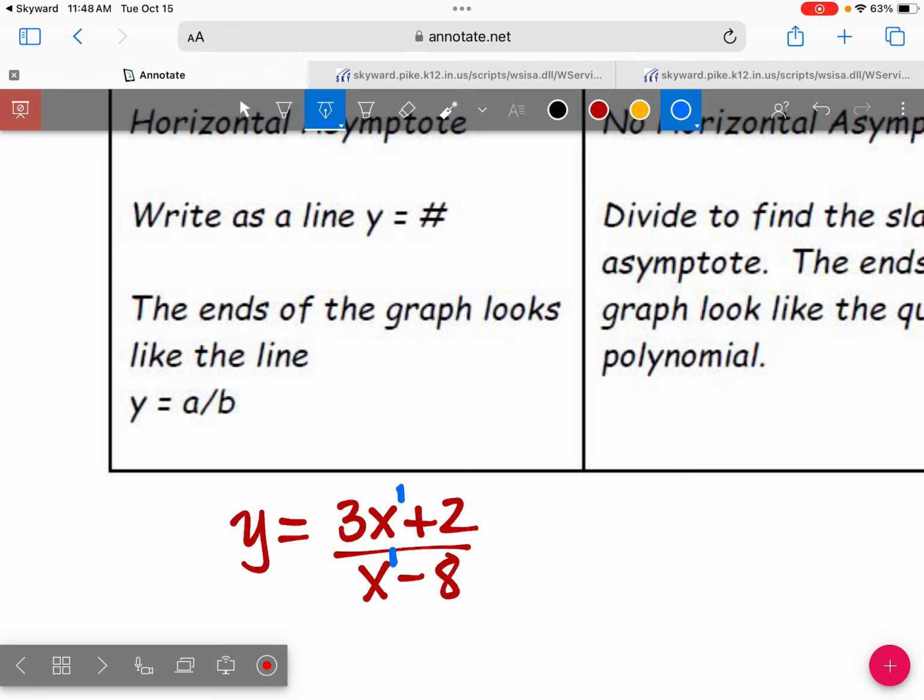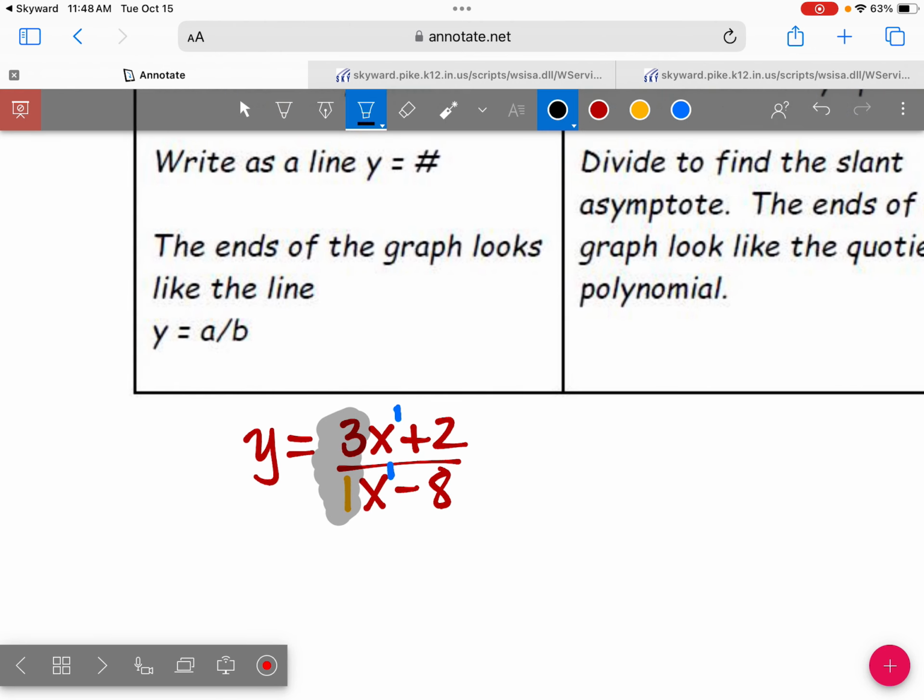Because it's the same exponent, I would divide my leading coefficients, which in this example would be a 3 and a 1. So I would divide these two numbers. 3 divided by 1 is what? 3. So I would get y equals 3.